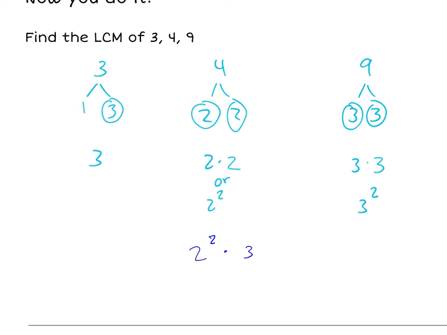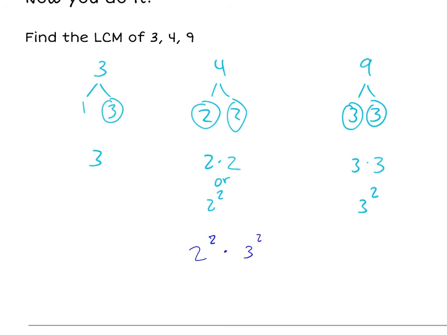And what's the most 3s you have in a number? 2 3s. So you're going to have 3 squared. There is a single 3 all by itself, but there's also 2 3s. So you're picking the one that has the most. So now do your multiplication.